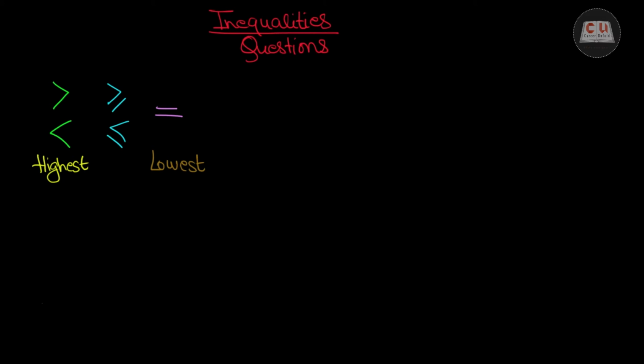Other than this, we also saw that this symbol can be related with the beak of the duck, wherever the beak opens, that is the larger part, and wherever it closes is the smaller part. And finally, we saw that two symbols which face each other are bound to give an inequality which is invalid.